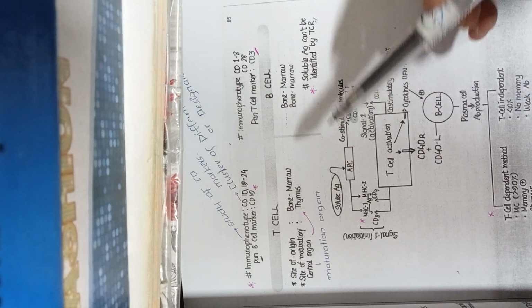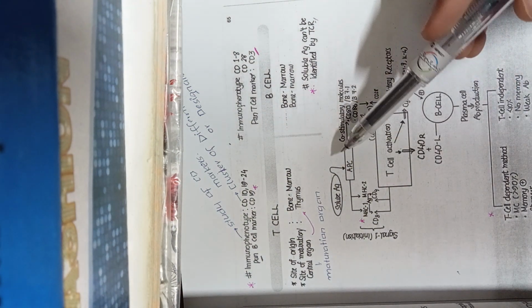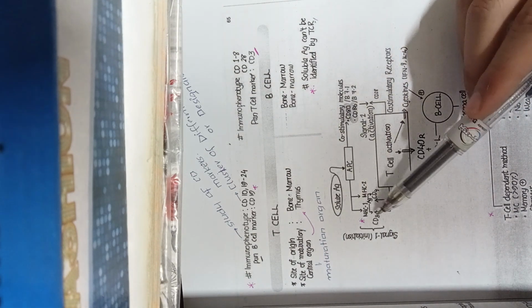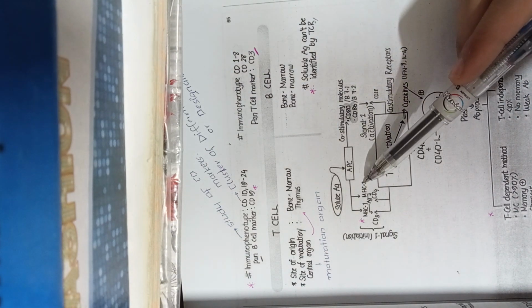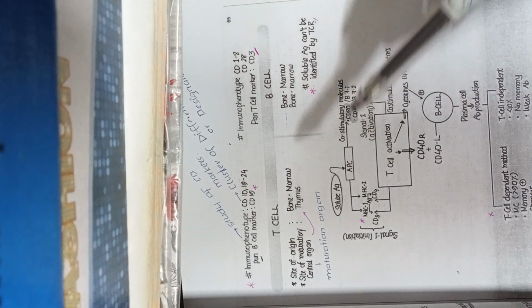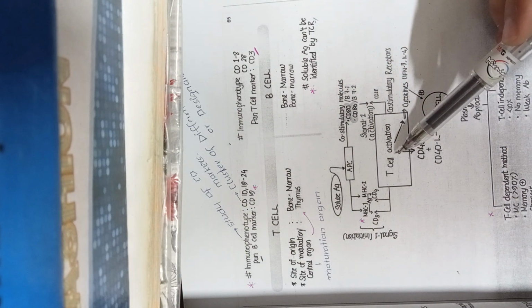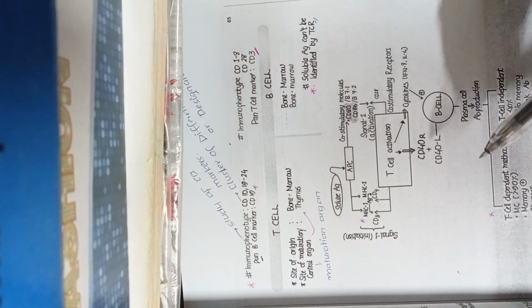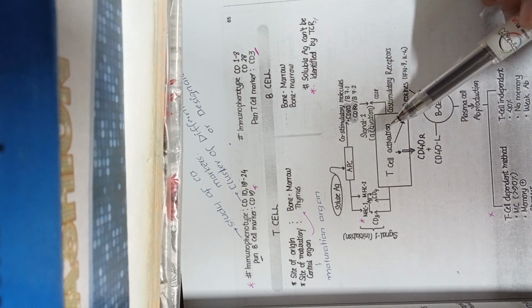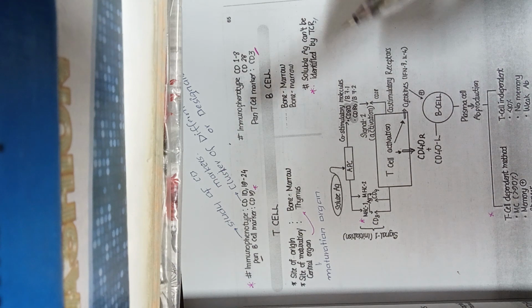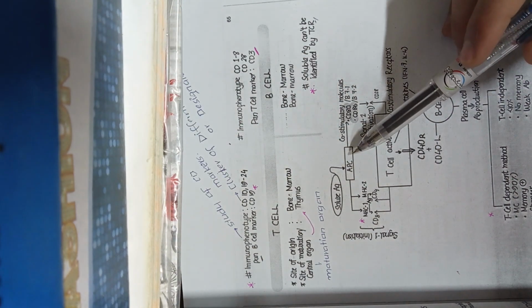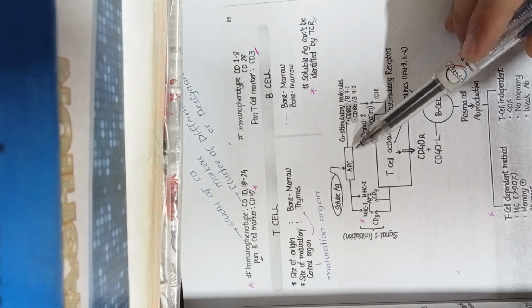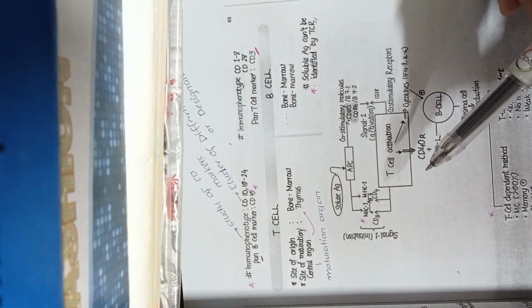When antigen presenting cell expresses its molecule either MHC1 or MHC2, so then T cell is activated? No. T cell will require a second signal. And what is the second signal? On antigen presenting cell, there are another two molecules present.